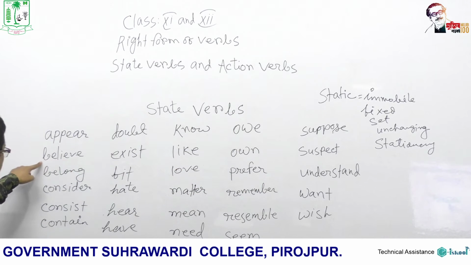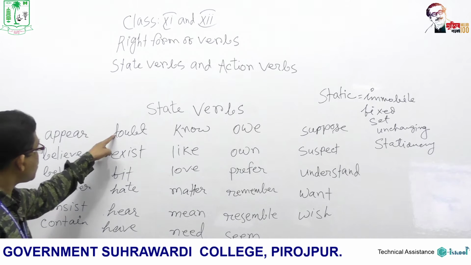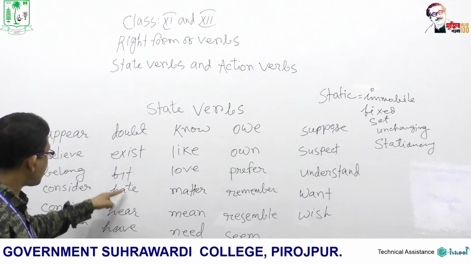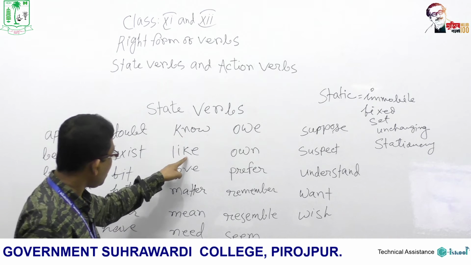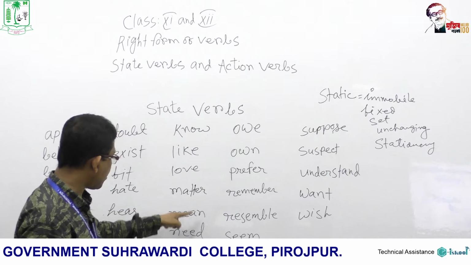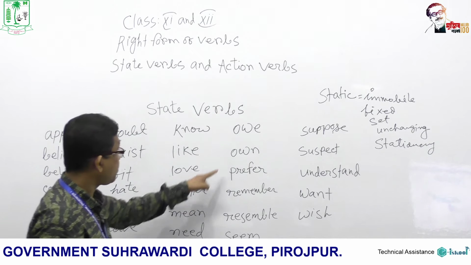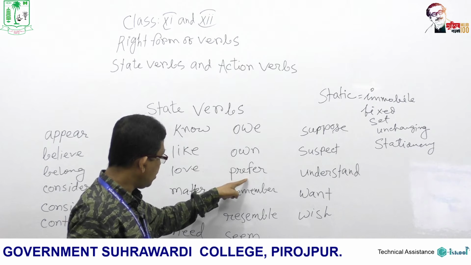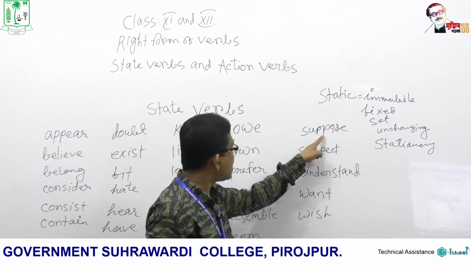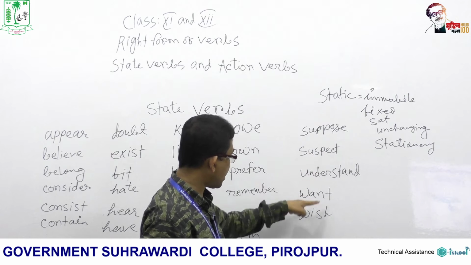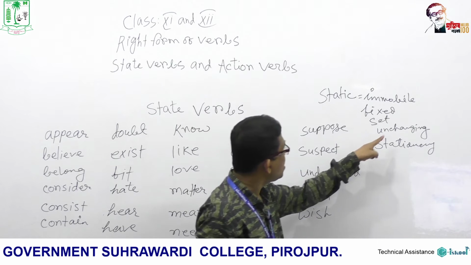Appear, believe, belong, consider, consist, contain, doubt, exist, fit, hate, hear, have, know, like, love, matter, mean, need, owe, own, prefer, remember, resemble, seem, suppose, suspect, understand, want, wish, etc.